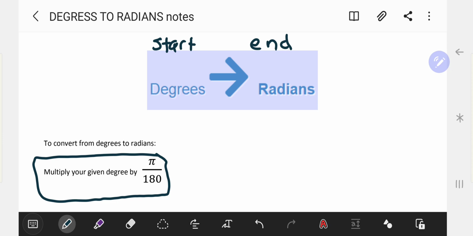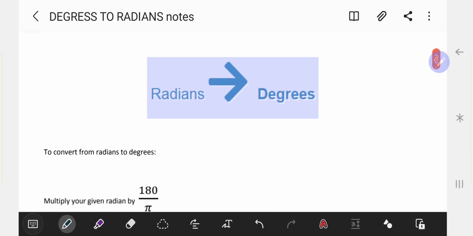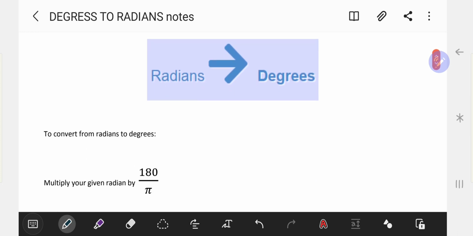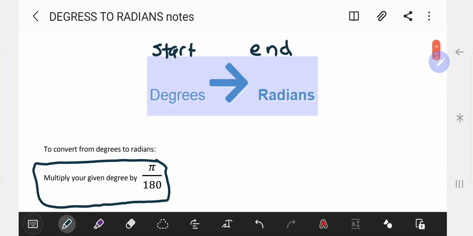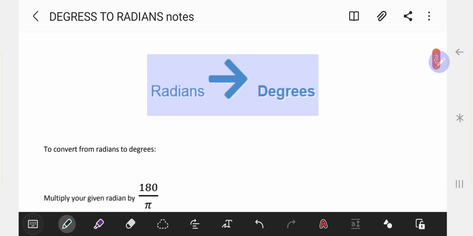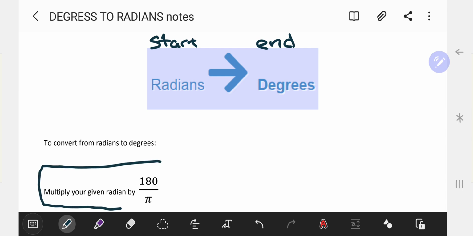Now, when we want to go the other way, the opposite direction, make sure that you pause it if I'm going too fast. Pause, write down what you need to write down, and then push play. Okay, so when you start with radians and you need to end at degrees, we use this equation instead.